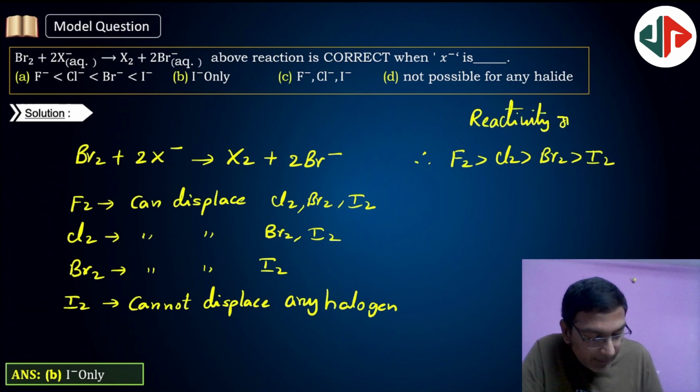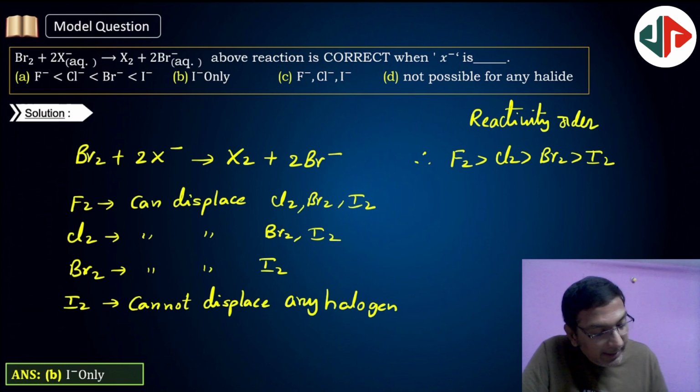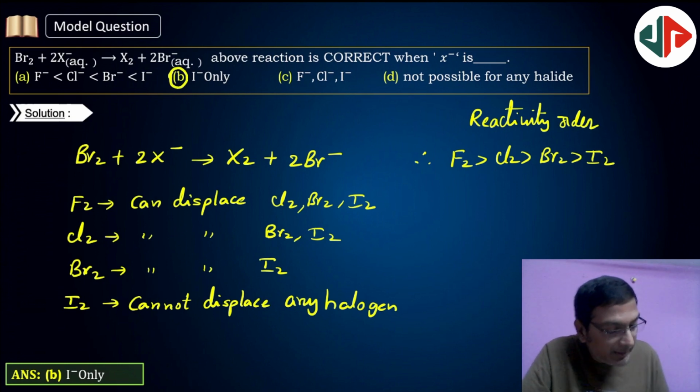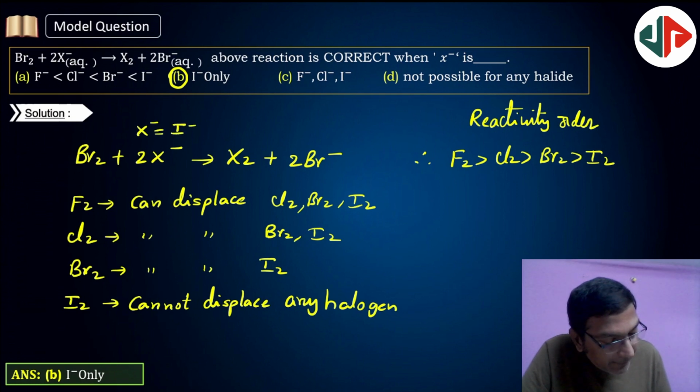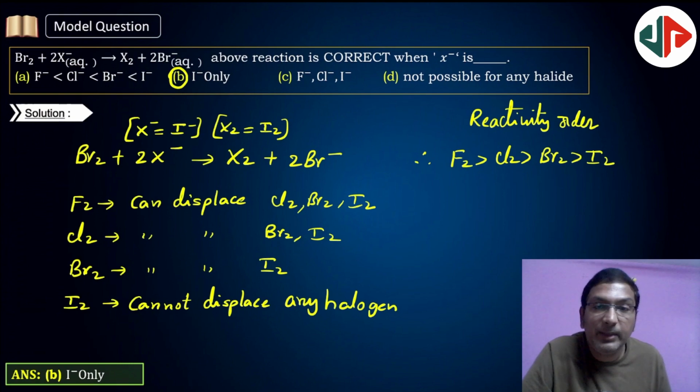Very, very important. So here Br2 can displace only I. So therefore, X is I minus only. Option B. Here X minus must be I minus. And it gives X2 which is I2. Very, very important. Next.